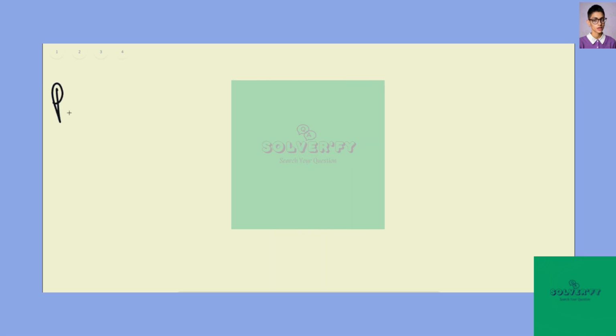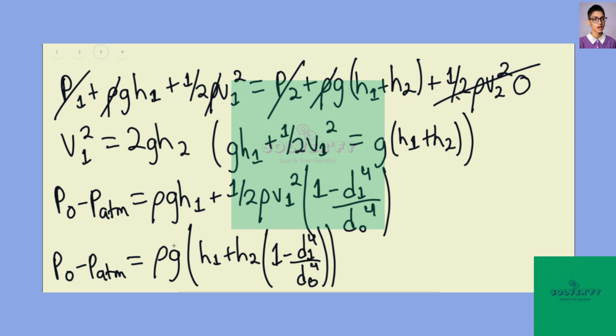So P naught minus P ATM would be equal to the density times the acceleration due to gravity, h sub 1 plus h sub 2, times 1 minus the ratio of the diameters to the 4th power.